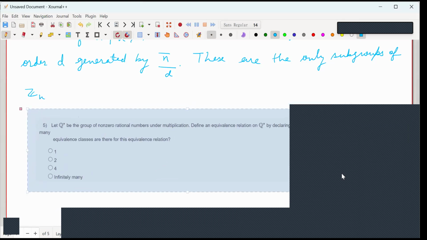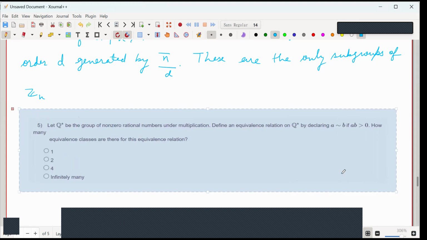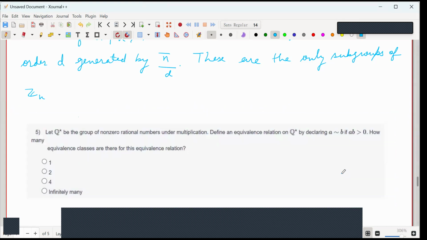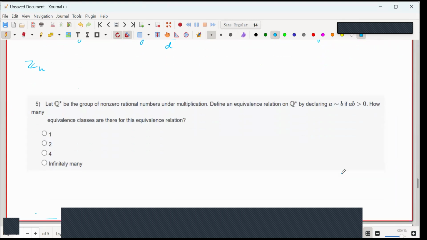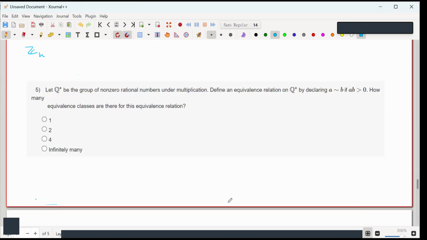If time permits, then we will be discussing some more problems apart from the practice assignment. Okay, so the fifth question is: let Q star be the group of non-zero rational numbers under multiplication, and define an equivalence relation on Q star by declaring A related to B if AB is greater than 0. How many equivalence classes are there for this equivalence relation?